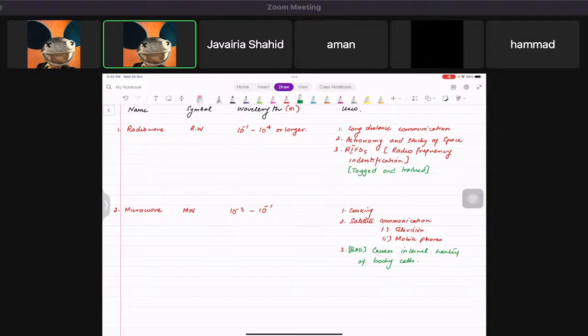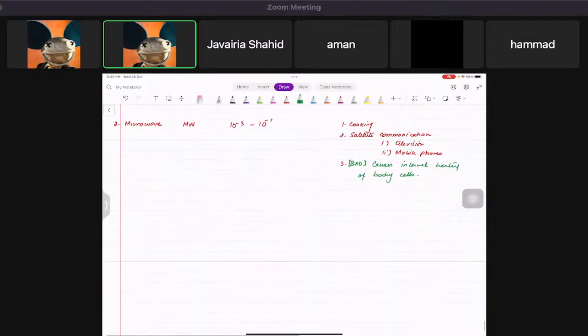Now comes infrared, IR, and infrared is 10 raised to power minus 6 to 10 raised to power minus 2. That could be like that.